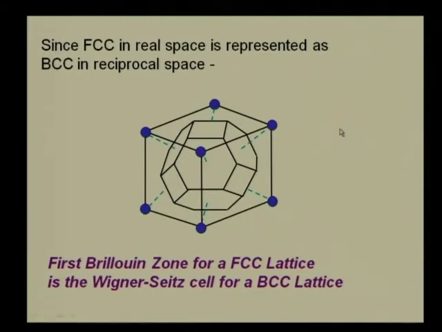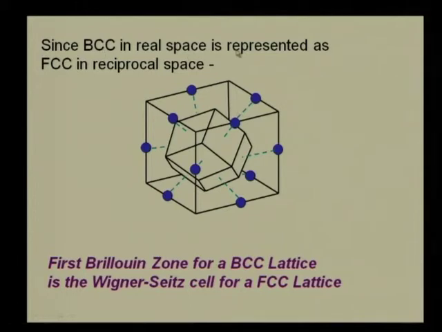Again the inverse is true when you start with a material that is BCC in real space. Something that is BCC in real space is represented as FCC in reciprocal space, and therefore the first Brillouin zone for a BCC lattice, where the lattice we are talking of is in real space, is the Wigner-Seitz cell for a FCC lattice. Okay.